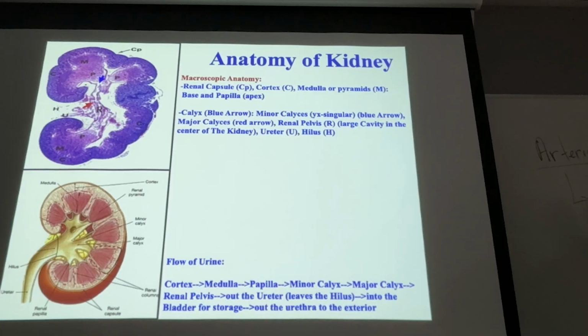Glomerulus. All right, a glomerulus is a ball of blood vessels, a ball of the smallest blood vessels in the body, which are capillaries. So the first capillary network here is going to be called the glomerulus. And the blood vessels branch and get smaller and smaller so that all of the glomeruli are found in the cortex.